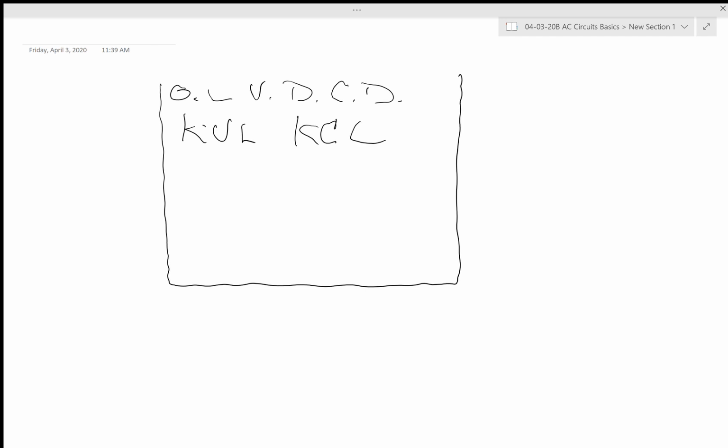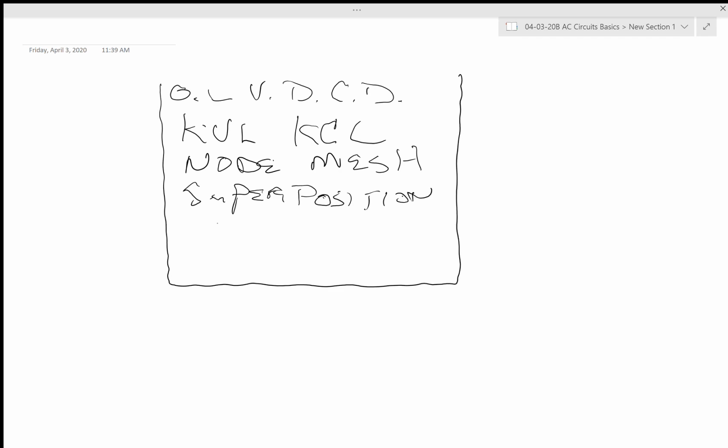We have node. We have mesh. We have superposition. We have source transformation. I'm not going to write it out.